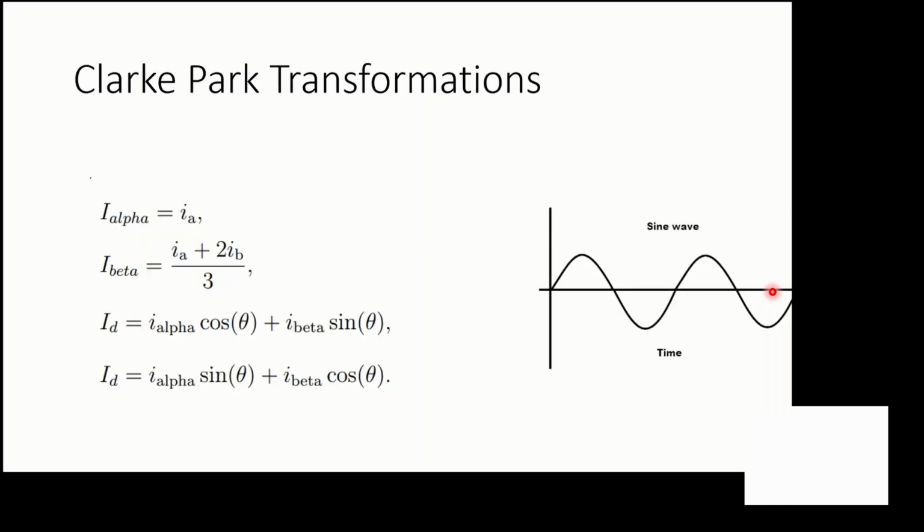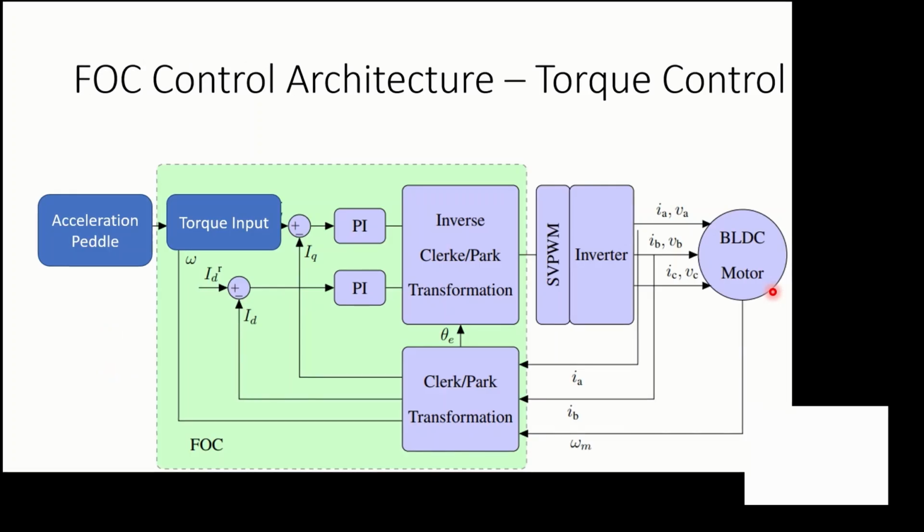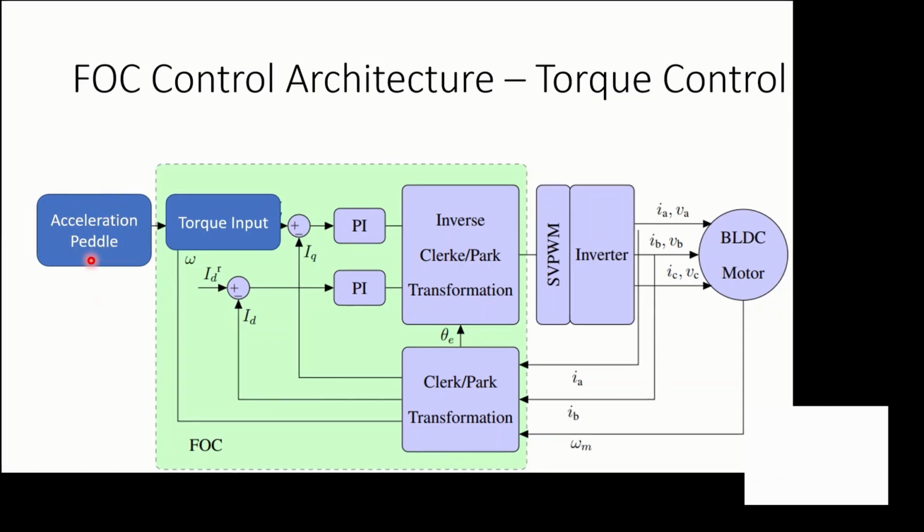If you go ahead, this particular architecture defines the FOC control. You can see this is FOC control in torque mode. So we'll consider that we are getting a torque request from the acceleration pedal. If it is a four-wheeler, you will have that acceleration pedal at the leg, and if you are driving a two-wheeler, you will have it in the form of a throttle in the hand.